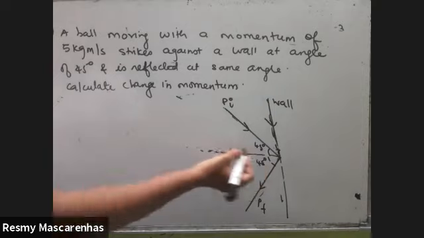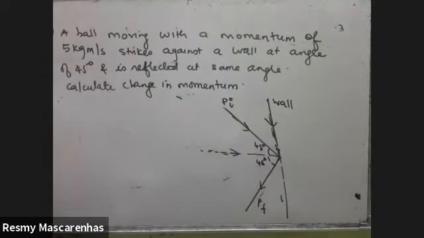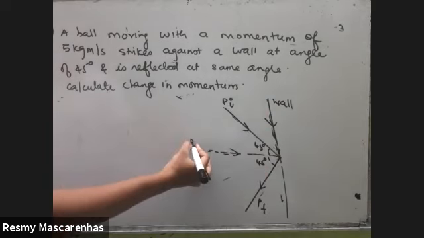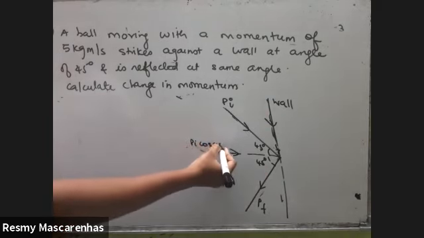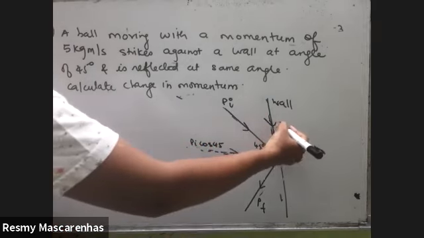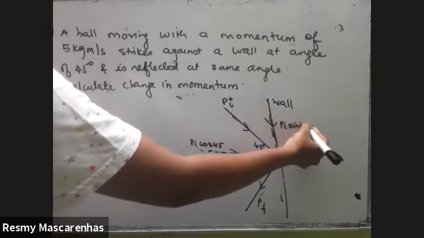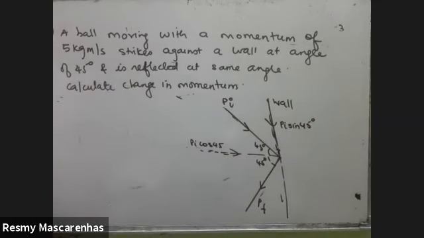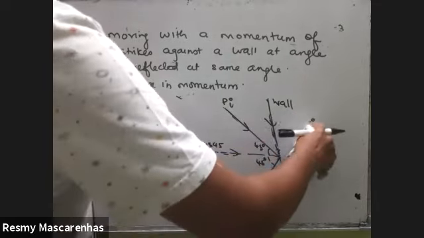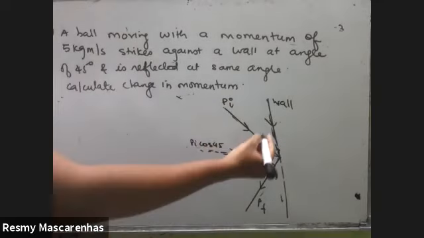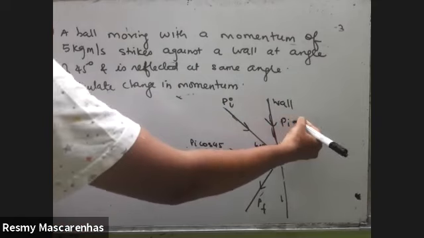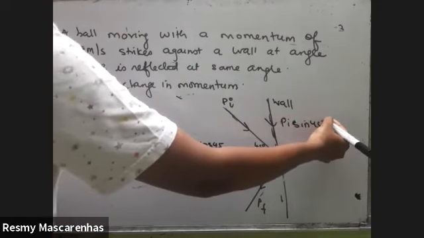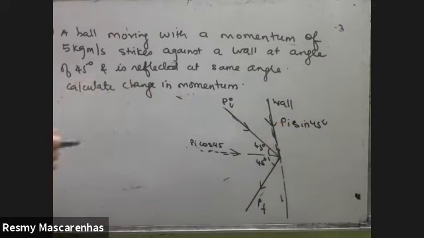The one closest to this is a cos, so this is Pi cos 45, and this will be Pi sin 45. Draw the diagram again, otherwise you will not know what the question given was. Only this was given, now this we are framing. So this is sin 45.